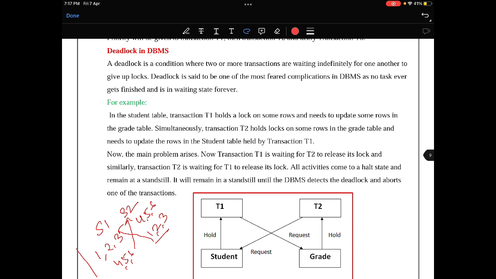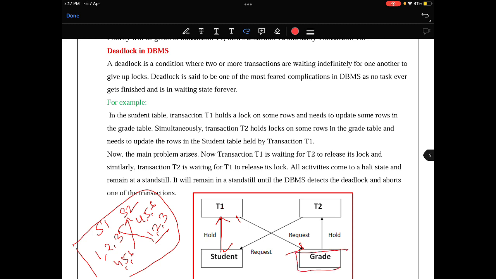So both of them will not be able to complete the work because both of them want the other one to give the notebook to complete his work. Fine. So this is the condition of deadlock. Similarly, in this case, suppose transaction 1, this is the resource. This resource was held by transaction T1 and he is demanding grade.